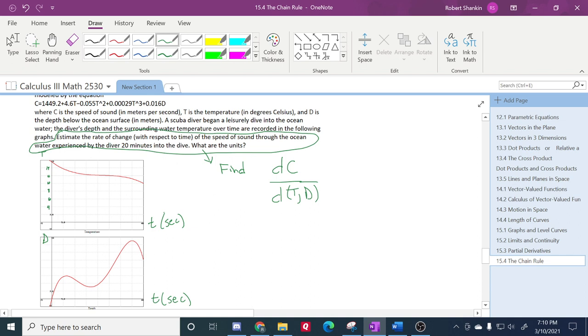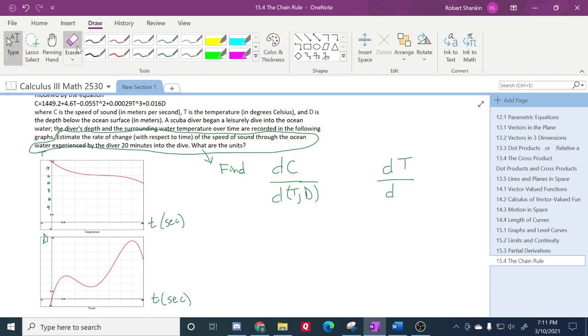If I may, I think we're looking for dc over d time, ultimately. So how do I write it on the bottom? Actually, shouldn't it be dc on the top? dc on the top. Okay.